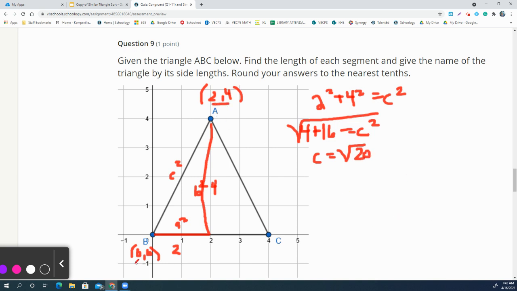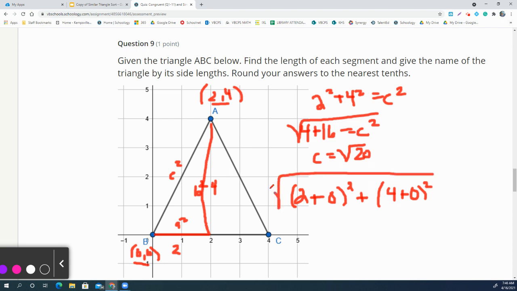Or you can use these ordered pairs and do x plus x. So 2 plus 0 squared plus y, so 4 plus 0 squared, and take the square root. So this is that formula, right? I've got the square root, I've got x minus x squared, and y minus y squared.